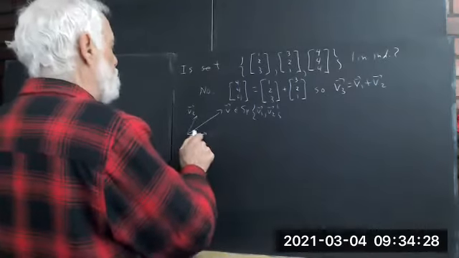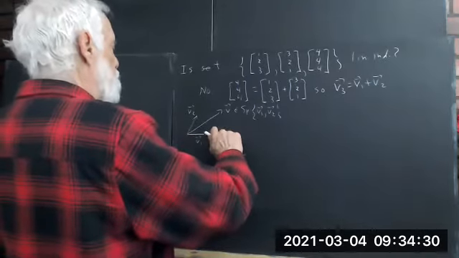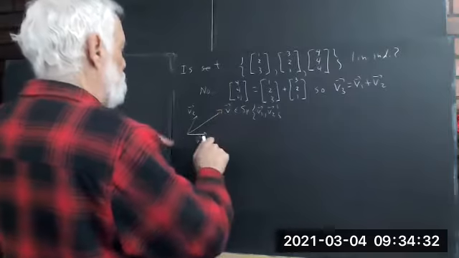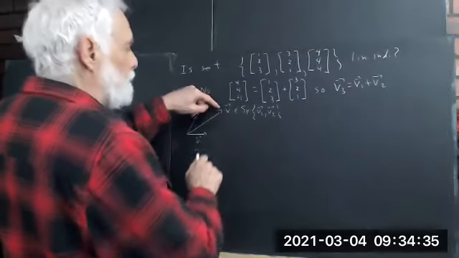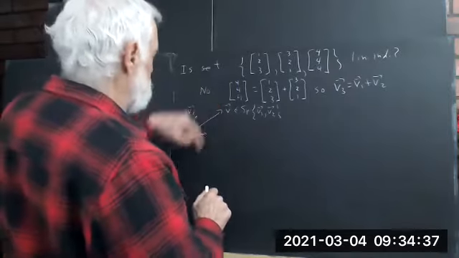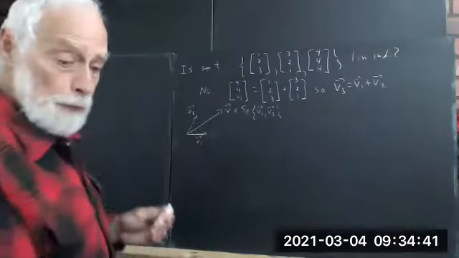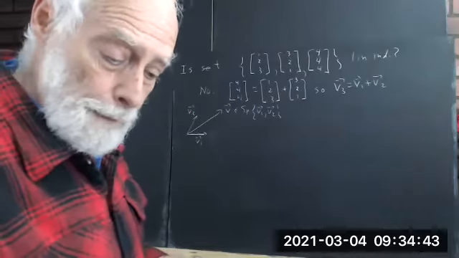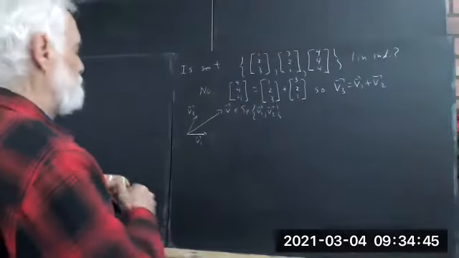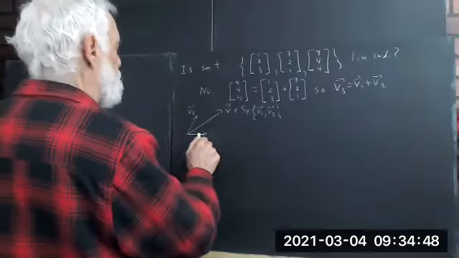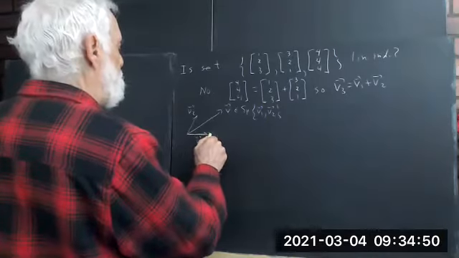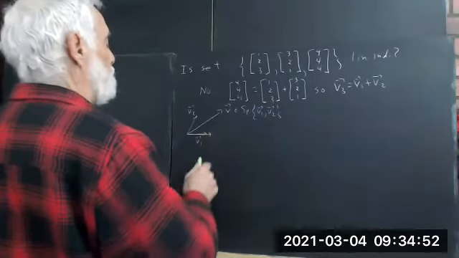Okay, so here's V1, here's V2. If we go off in the direction of V2 from the end of V1, we don't quite get to the tip of V. If we come out just a little further along V1, we get to a point.